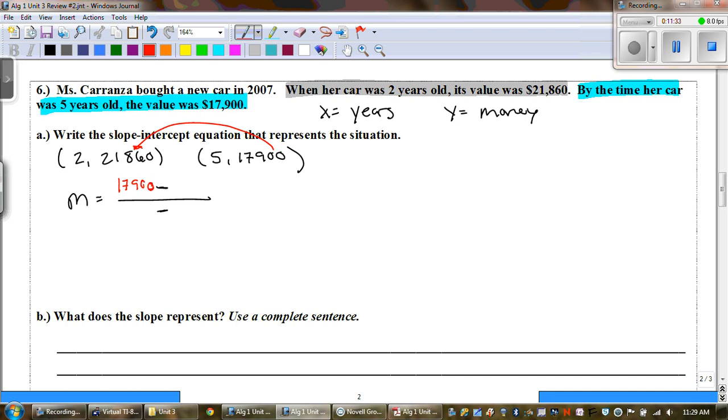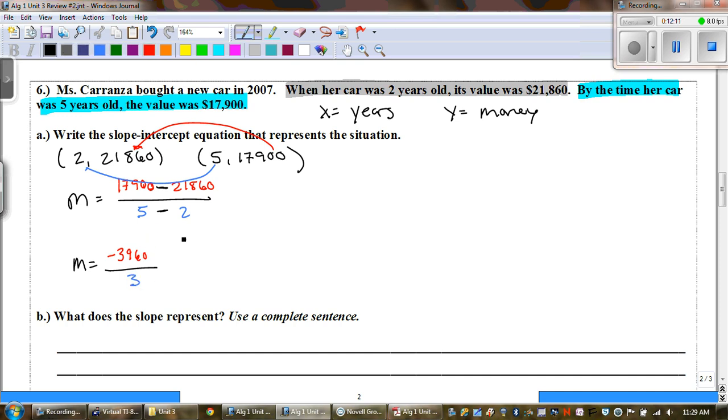Sorry guys, my pen's not working 100%, so I'm doing the best that I can. 5 minus 2. All right, so I have my calculator in my hand, so I'm doing 17,900 minus 21,860, and that gives us negative 3,960. 5 minus 2, no calculators.